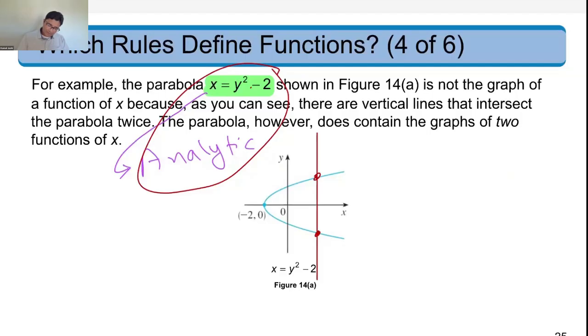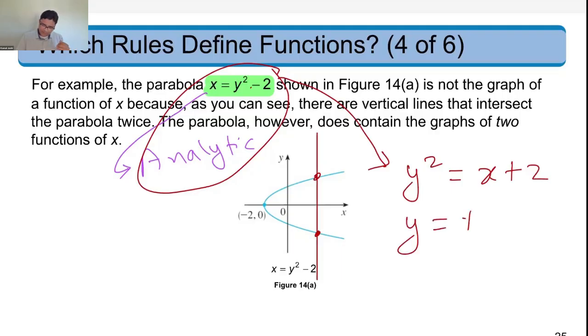The other way will be you solve for it. Now, you want to know what is y, right? The y is the dependent variable, on the y-axis. So take that equation and you will get y squared is equal to x plus 2 when you solve that equation. So when you find y, you know this, right?